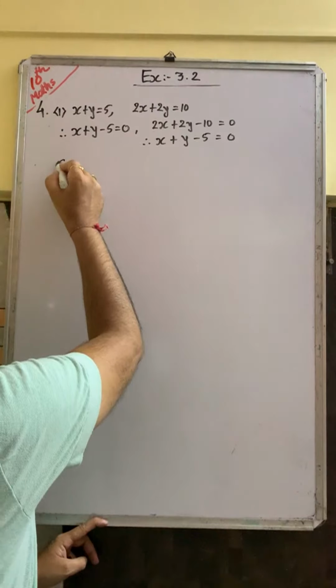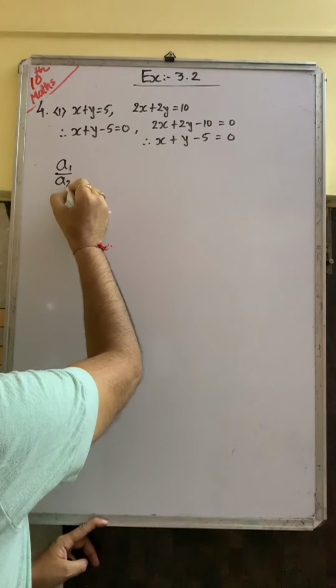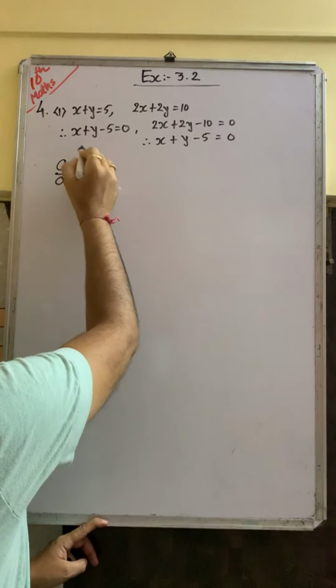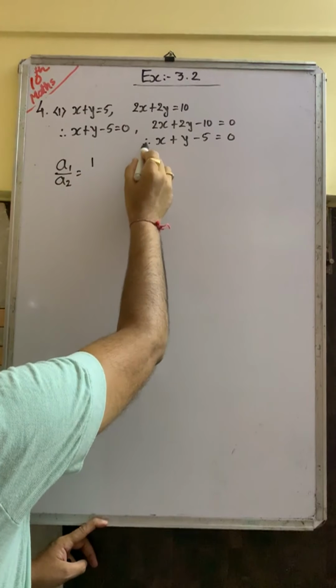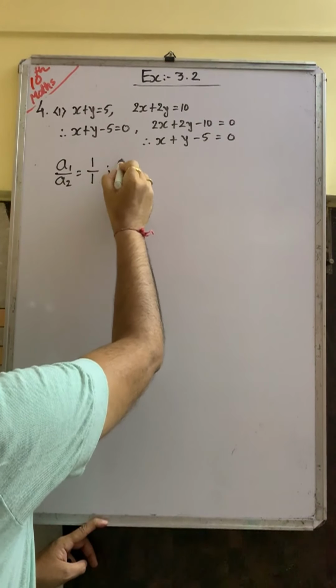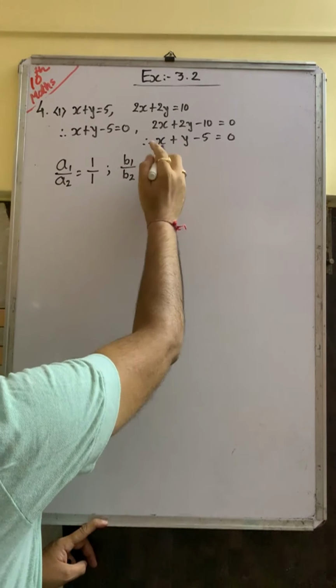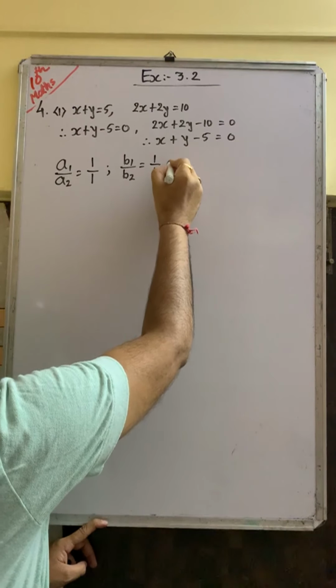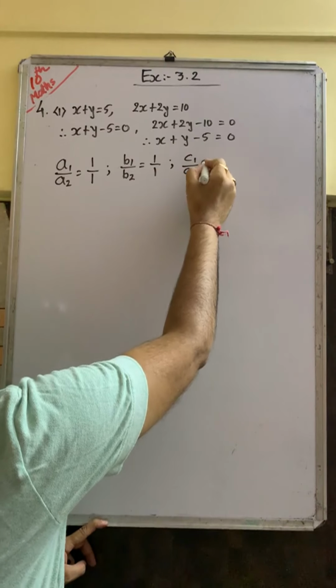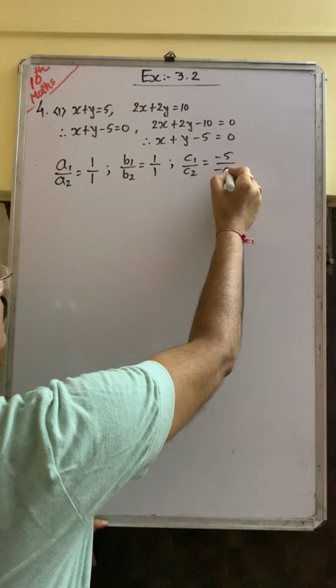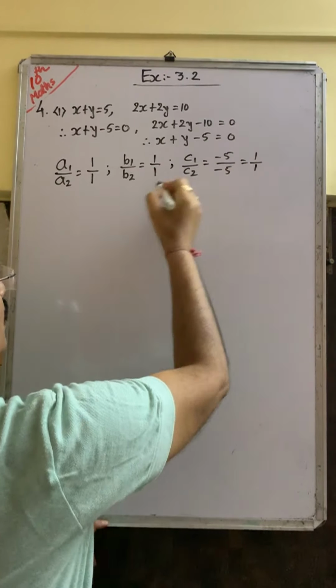Here, according to formula, a1 upon a2, a1 is the coefficient of x. Here also coefficient of x is 1. b1 upon b2, that is equals to 1. Here also 1, 1 upon 1. And c1 upon c2 equal to minus 5 upon minus 5, that is equals to 1 upon 1.